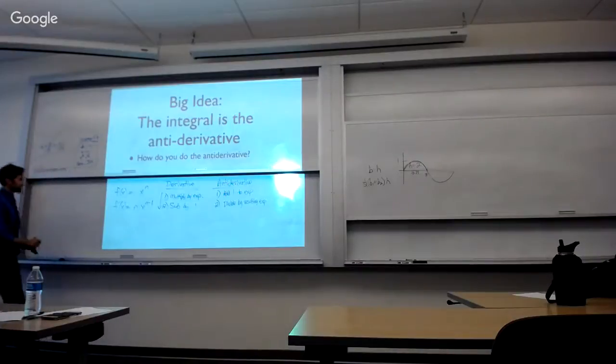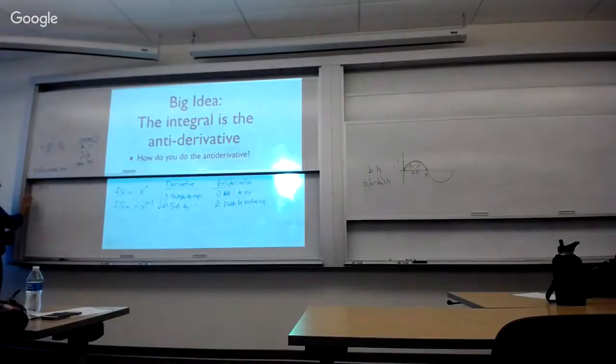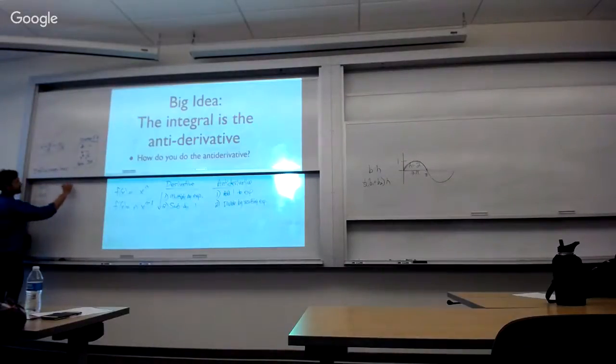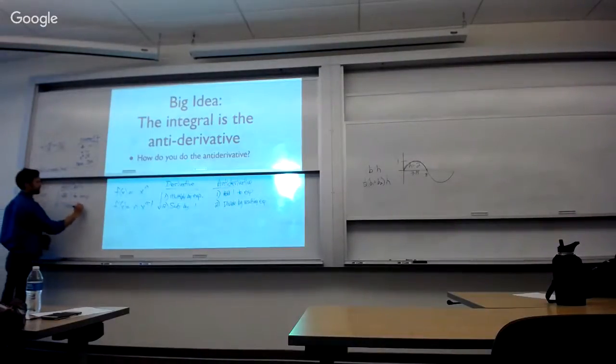So there's our antiderivative. I'm going to write it over here so I have some room. Derivative was multiply, subtract 1. The antiderivative, which I'm going to say using all my words, is add 1 to the exponent, divide by what you get. That's just how I say it.